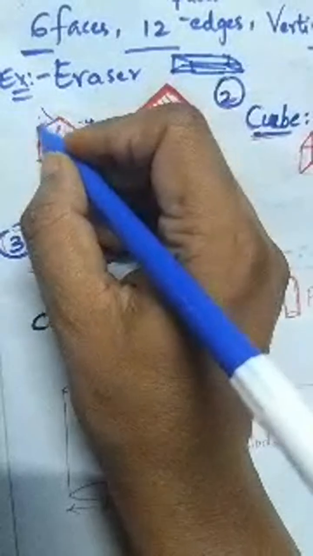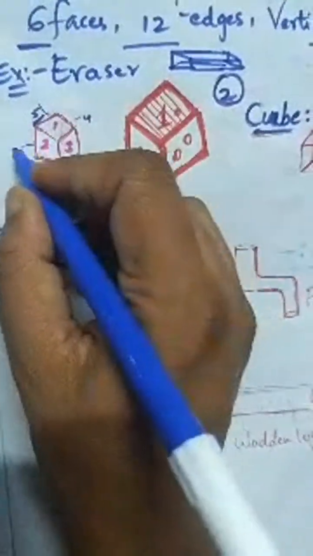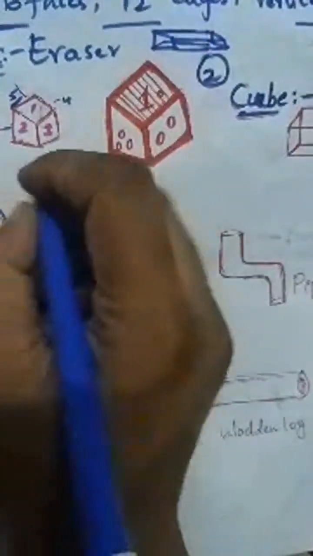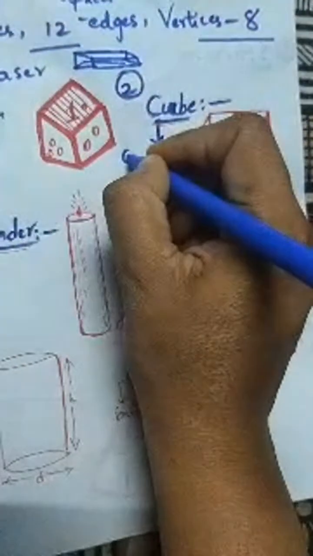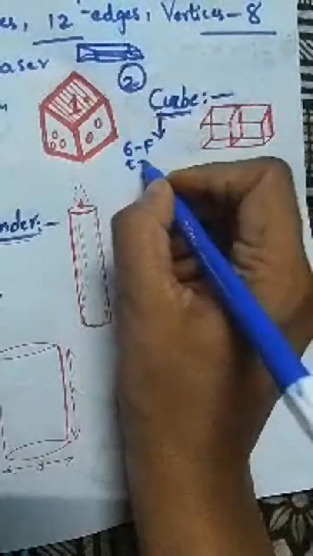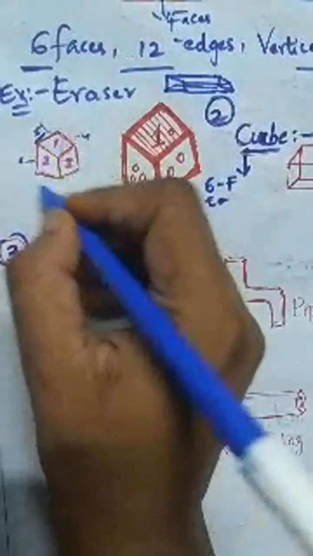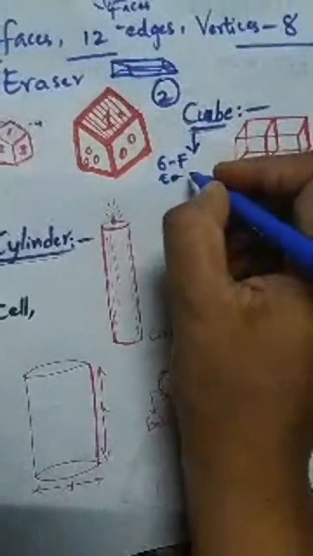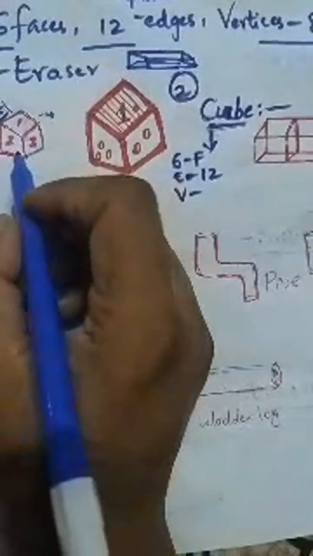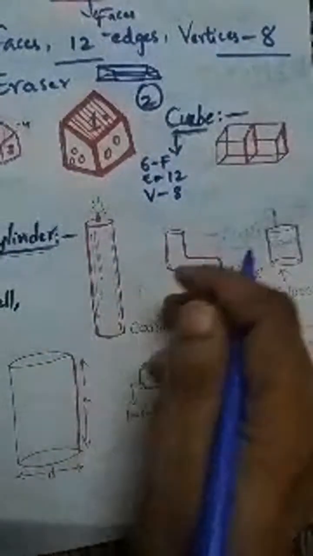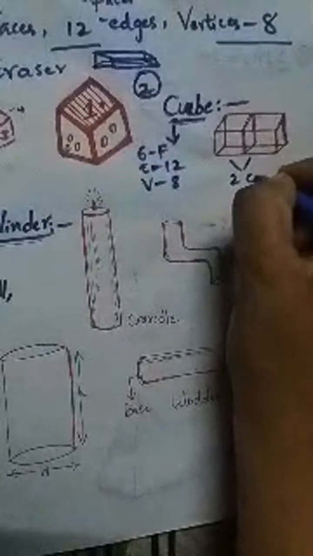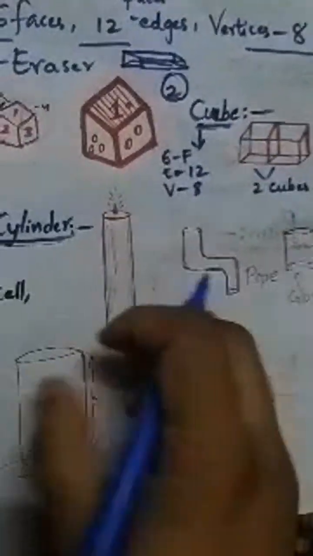This face comes to this side, that is 5, and this comes to this side, 6. Like this, how many faces are there? For a cube, 6 faces. How many edges and vertices will you get? 12 edges you will get. Counting for this cube we get 12 edges, and vertices how many? 8 vertices you will get. These are two cubes joined together.